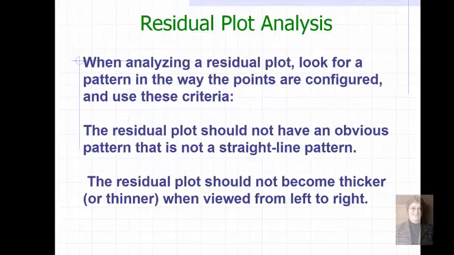So we want to look to make sure that there's no obvious pattern. We don't want the wideness of our plot to either widen out or to get thin. We want it to be consistent when we view it from left to right.